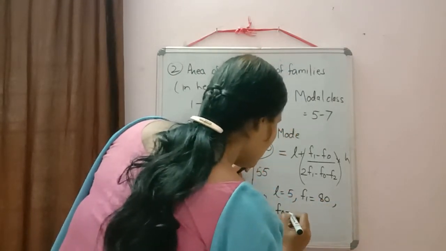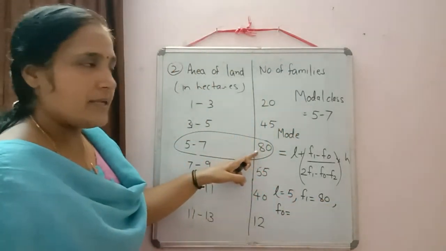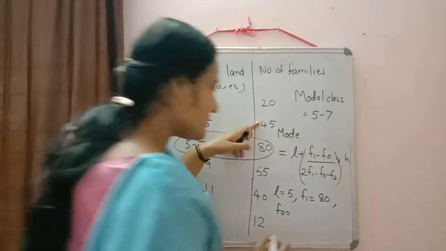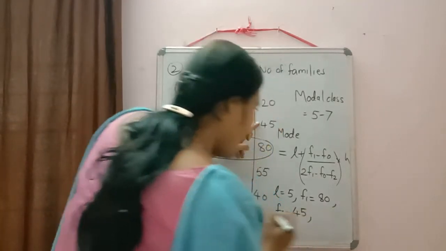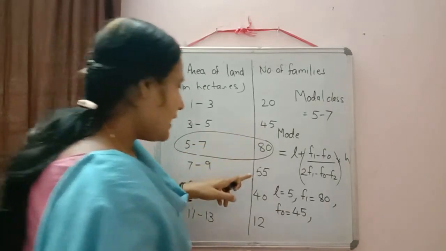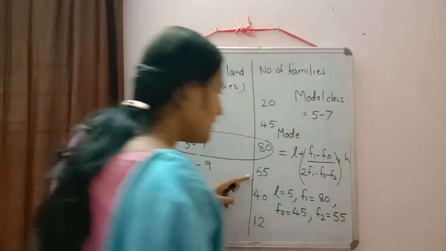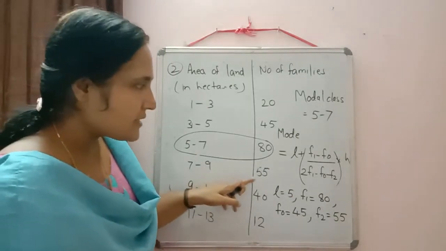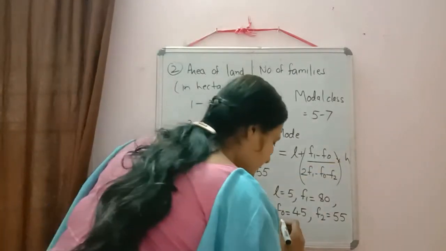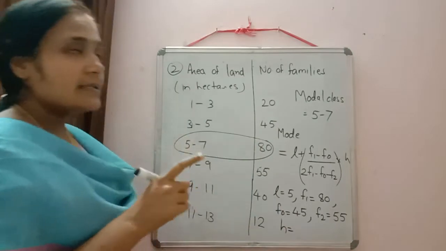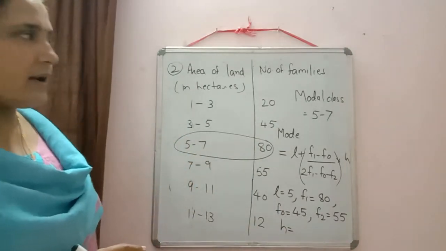Then F0 means frequency of the previous class, that is 45. Then F2 means the frequency of the next class, that is 55. Then which one is remaining? Yes, H is remaining. H is class size of the modal class.